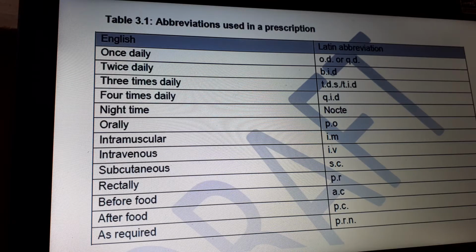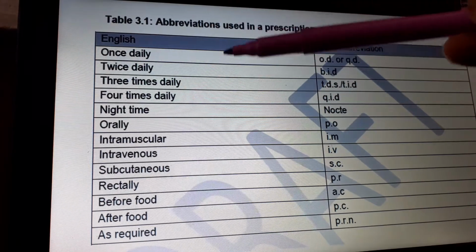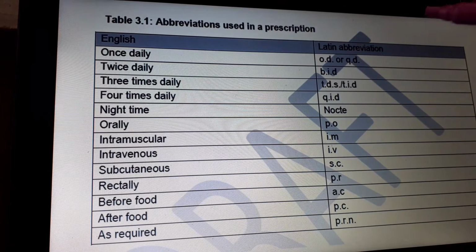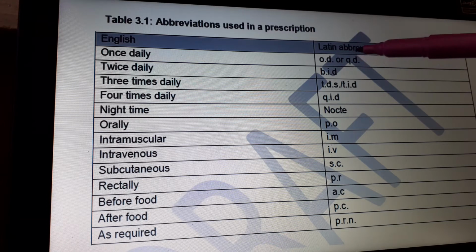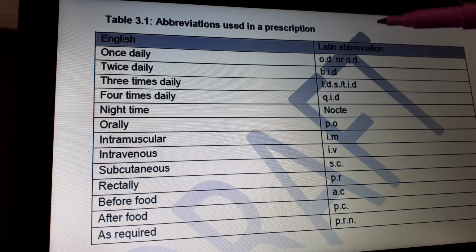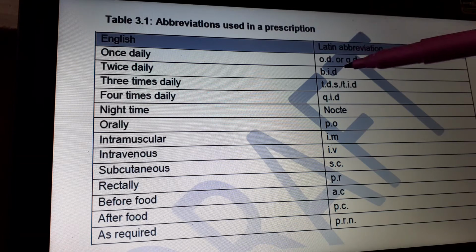These are most of the abbreviations that are used in the prescription. We have OD, OQD. This means once daily, that you take the drug one time in 24 hours. If you take it now, you count 24 hours, then you take it again. So once a day, OD.